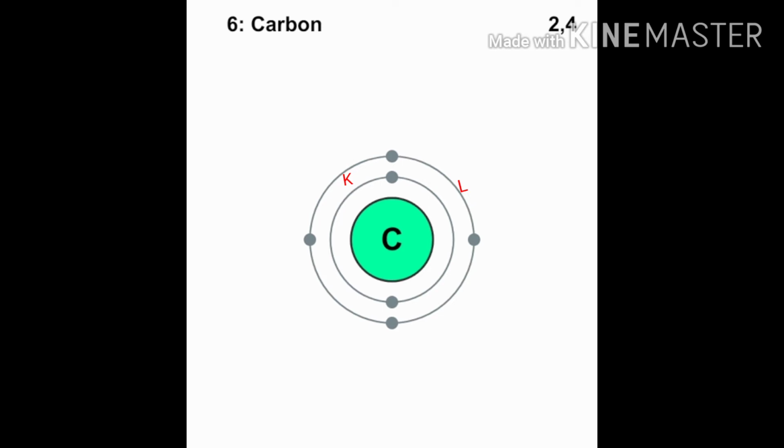In the case of carbon, there are 4 electrons in its outermost shell and it needs to gain or lose 4 electrons to attain noble gas configuration or stable electronic configuration.